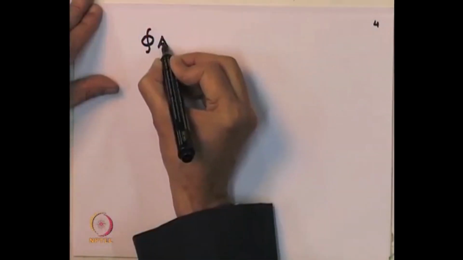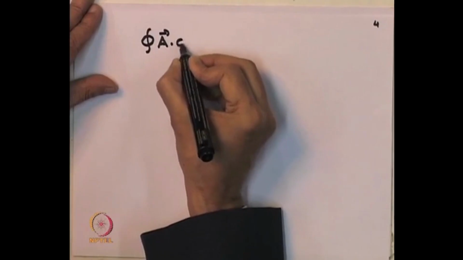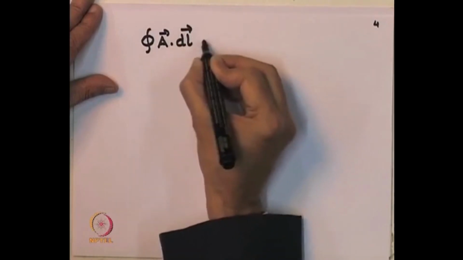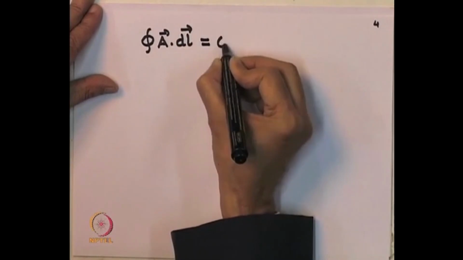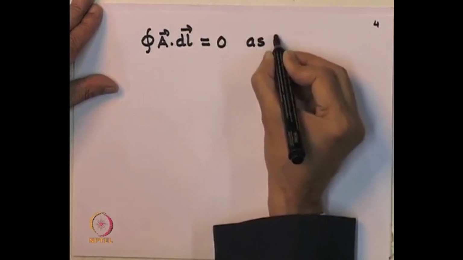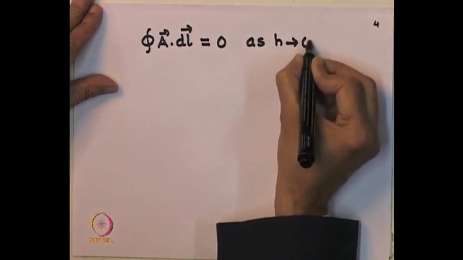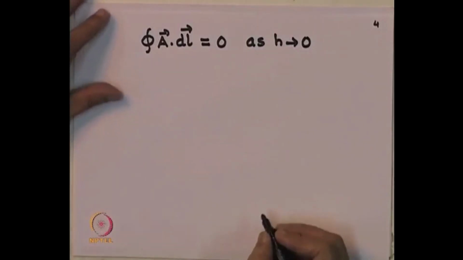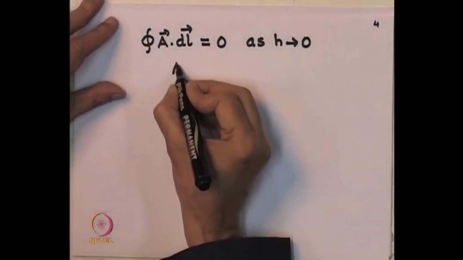We will now derive the corresponding relation for the tangential component of A. Here we use the fact that integral A dot dl goes to 0 as h goes to 0. So, I know that A t is continuous.